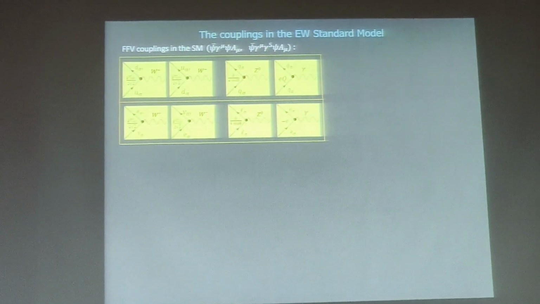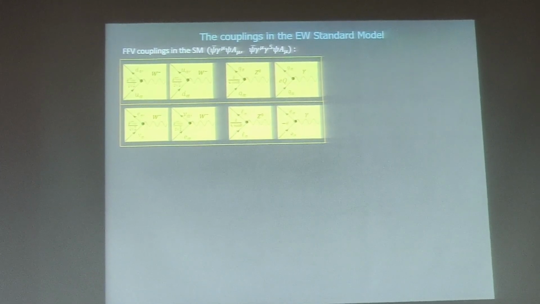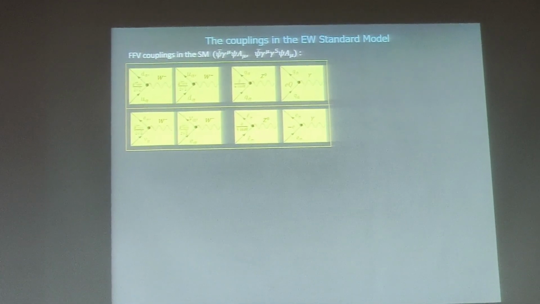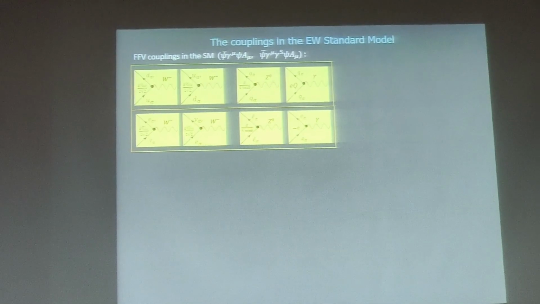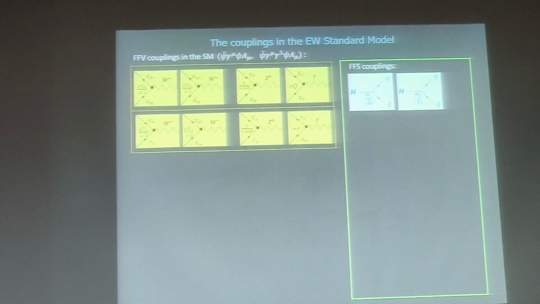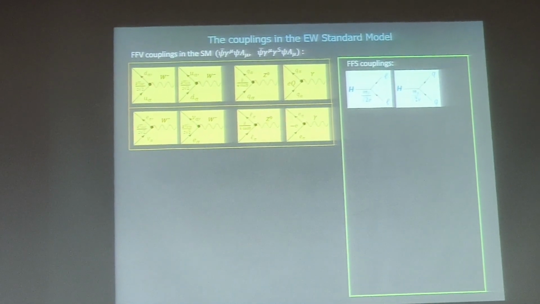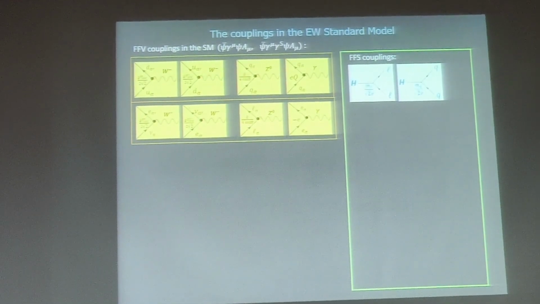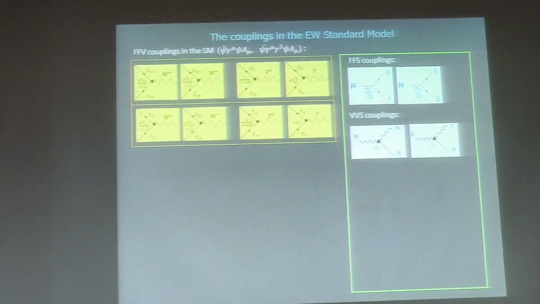Finally, we include all these interaction terms which are being generated. First of all, we have the FFV interaction. FFV means two fermions are coupled with a vector field. These are the interactions I just showed in the previous slide. Then we have the FFS interaction, two fermion fields coupled with a scalar field, which is the Higgs field in this case.